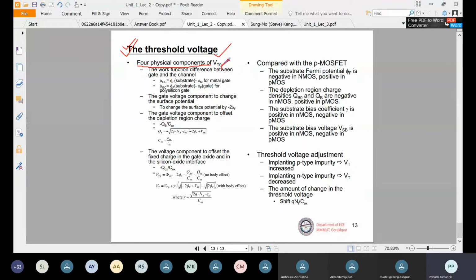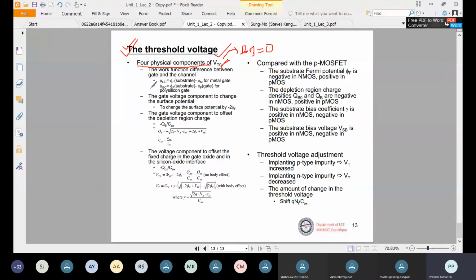If the body biasing is equal to 0, it is represented by Vt0. We will see one by one what the four different components of the threshold voltage are.